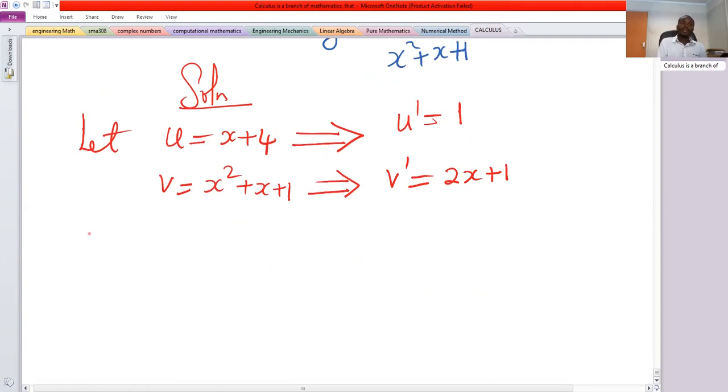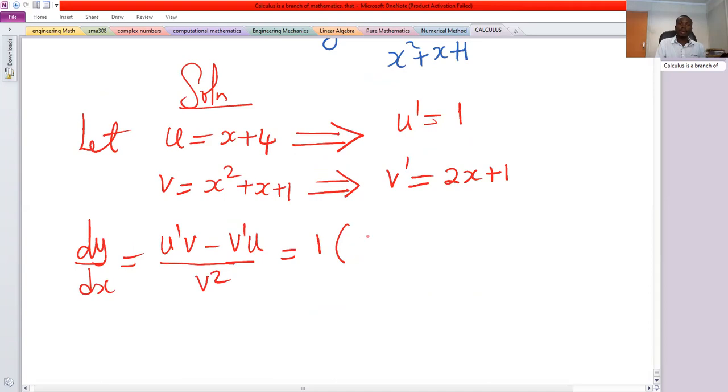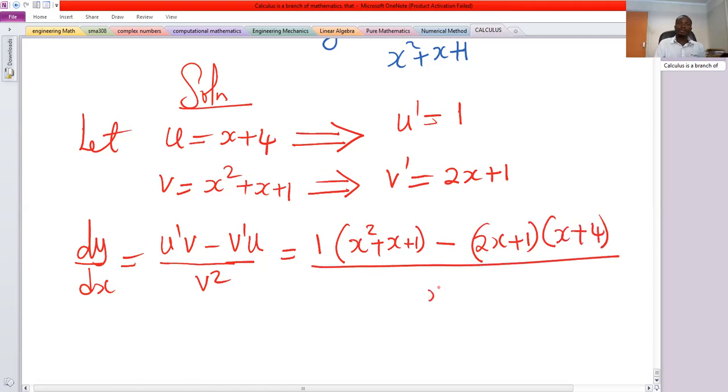So by definition, dy/dx is u prime v minus v prime u divided by v squared. So it will be 1 into (x squared plus x plus 1) minus (2x plus 1) multiplied by u, which is x plus 4, divided by the square of v.